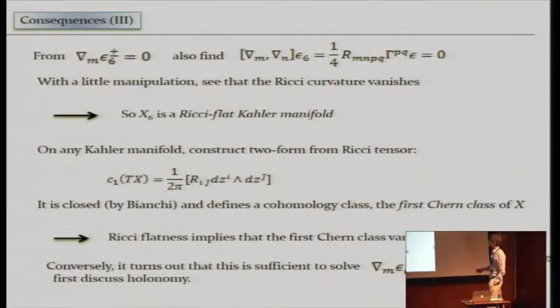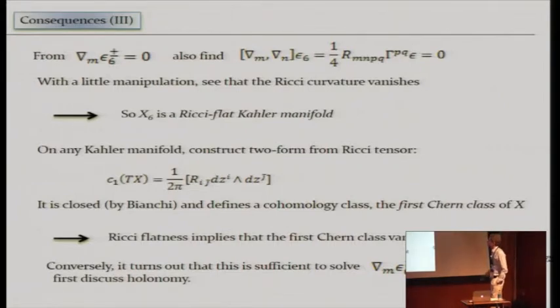Now on any Kähler manifold, the Ricci tensor turns out to be of type (1,1). It has no (2,0) or (0,2) components. And so just like we did for the metric, where we had this (1,1) tensor and constructed an associated two-form, the Kähler form, we can use R_{i j bar} to construct an associated two-form, which is often called the Ricci form.